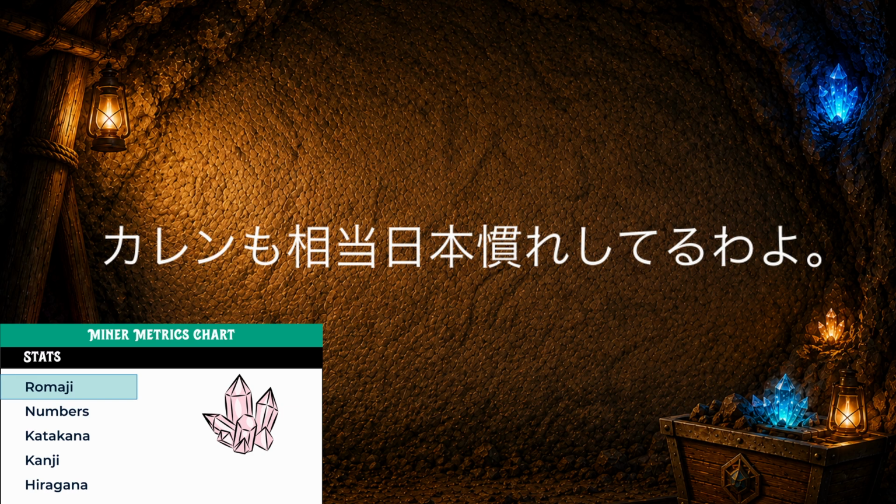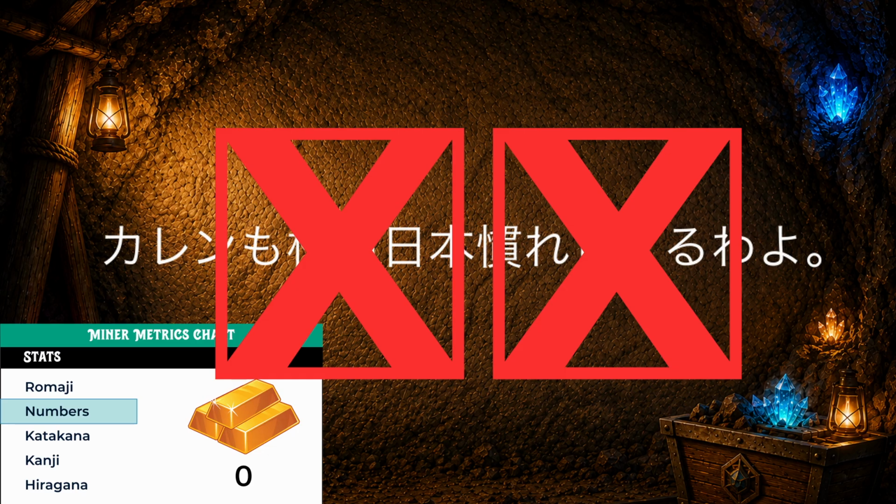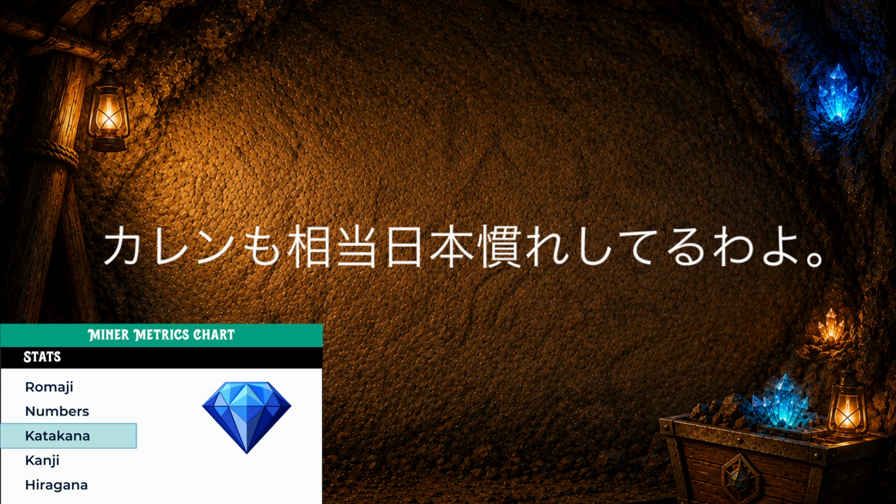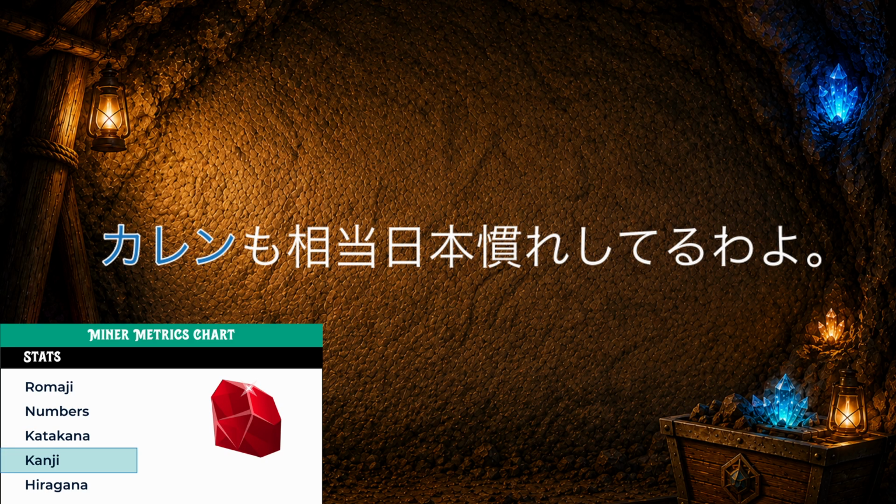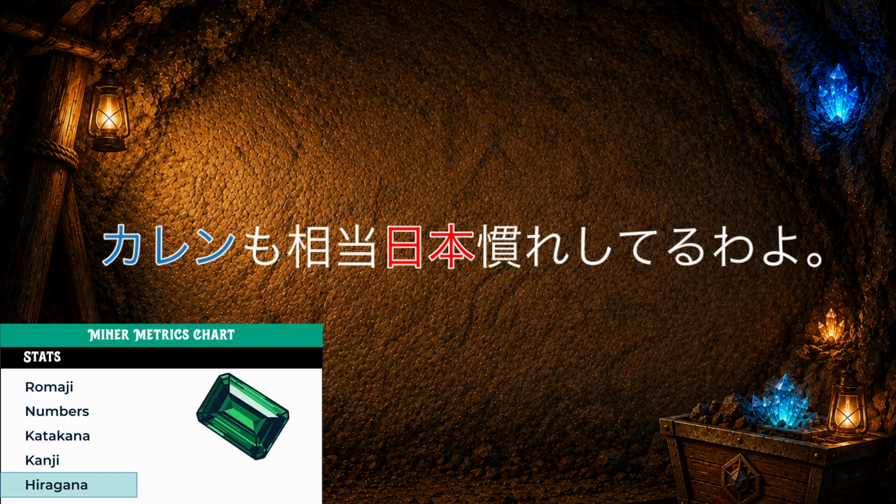Let's scan for the easy stuff first. Any romaji? Nope. Numbers or symbols? Nope. Katakana? Yes. Karen. What kanji do you recognize? We know Nihon, but nothing else. What hiragana are there?